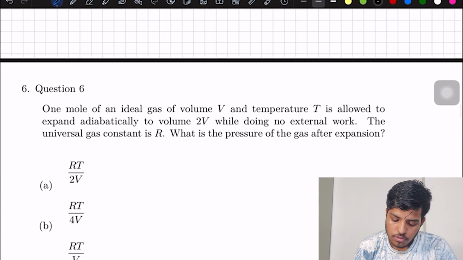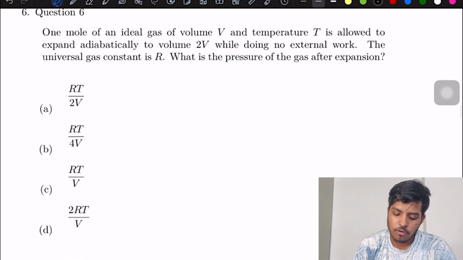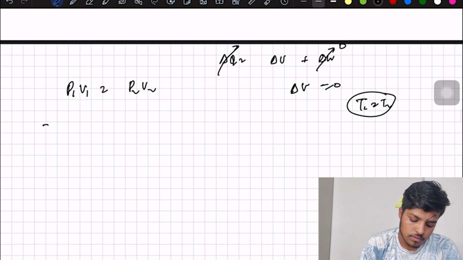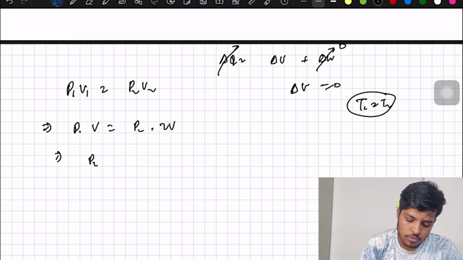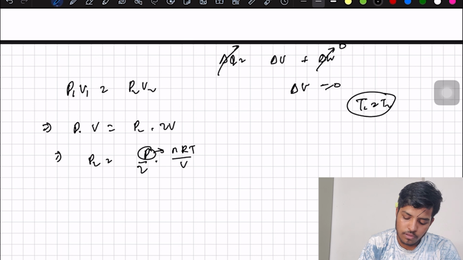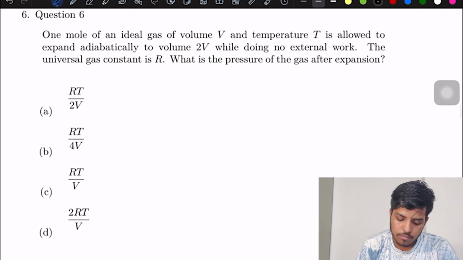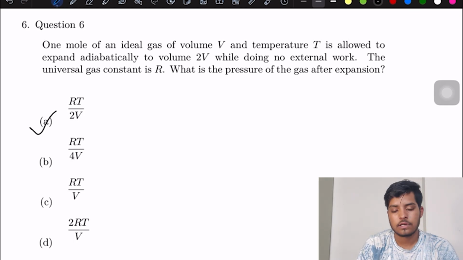The volume goes from V to 2V, so PV equals P2 into 2V. So P2 equals P upon 2, and P is nRT upon V. N is 1, so RT upon 2V is the pressure. So option A is correct.